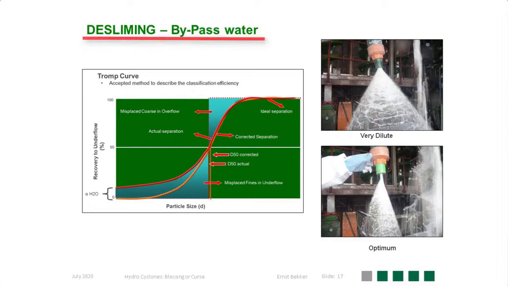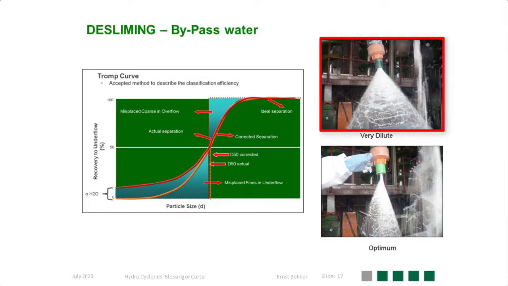Remember, it was mentioned earlier that there's a bypass water effect that carries the slimes through to the underflow as well. The picture on the top right hand side indicates underflow from a cyclone that's quite dilute. The more water that's in the underflow, the more fines report to the underflow.